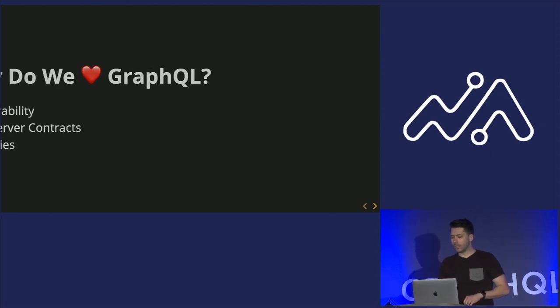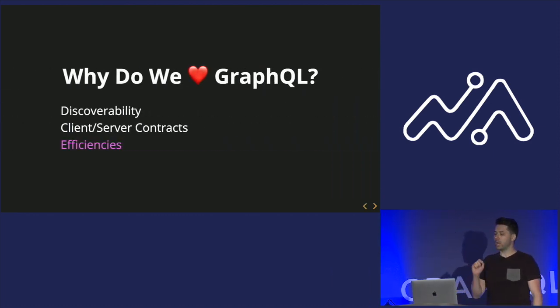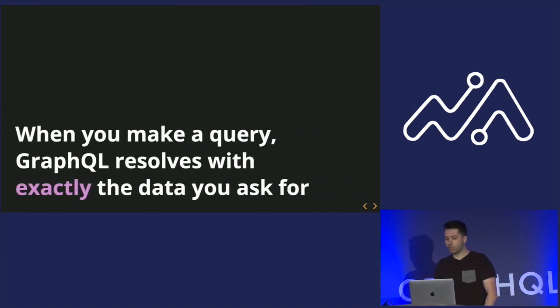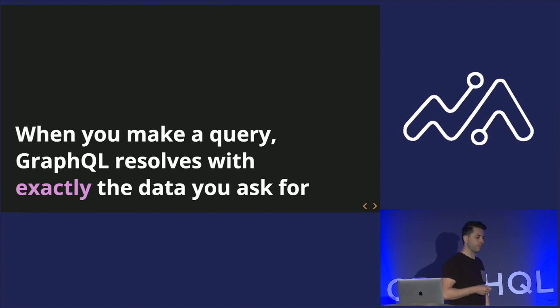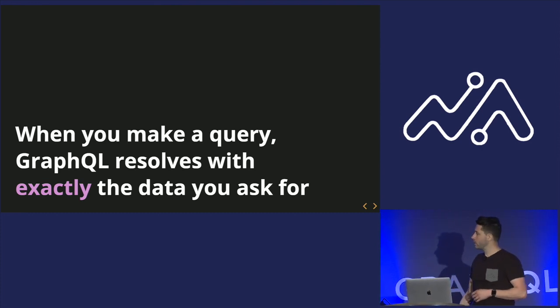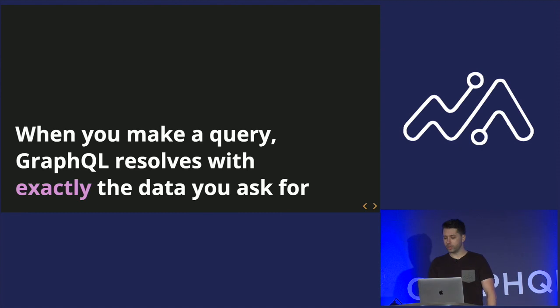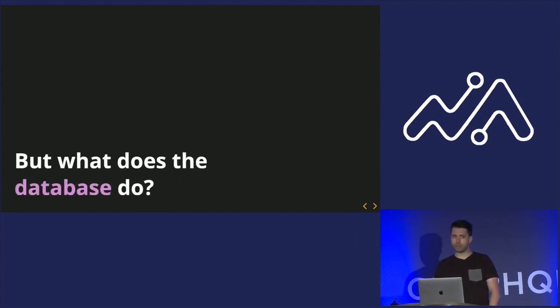And it's that last one that I would like to touch on today to see how we can maybe make things more efficient. So when we make a query with GraphQL, as we probably know, it resolves with exactly the data we want. We ask for a certain set of fields, and we should get back only those fields. But what about the database?